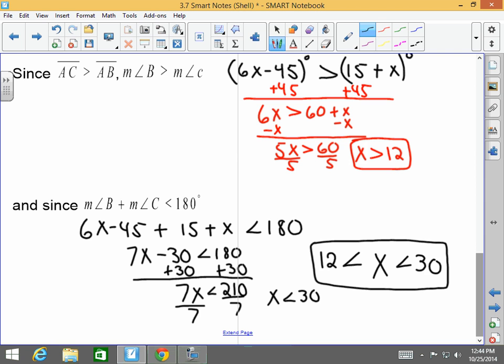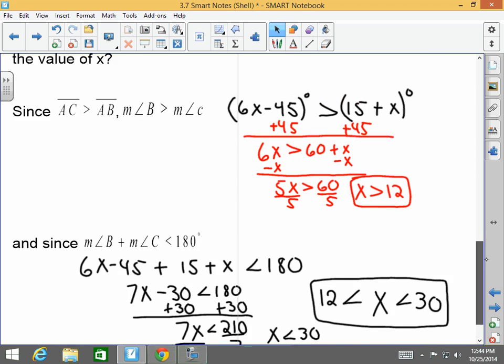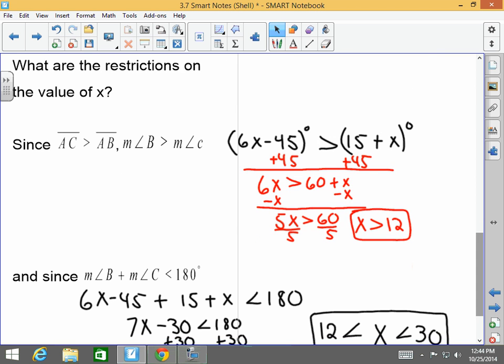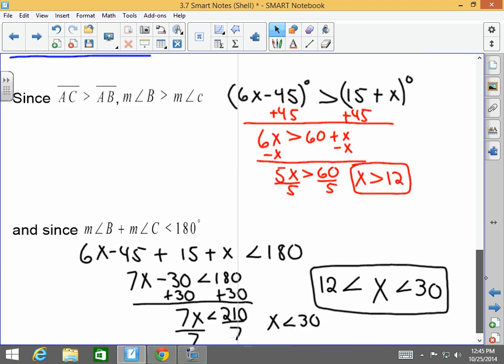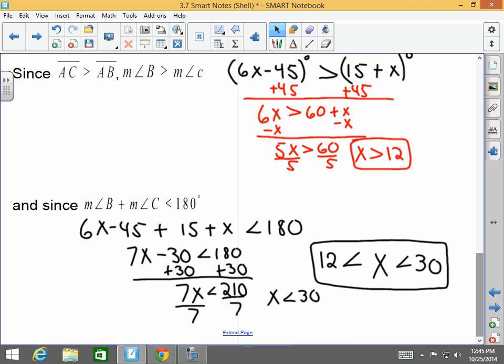And bingo, we got our restrictions of x, which is what I was looking for from the beginning. Okay? Hopefully that made sense. I thought that was pretty fun.